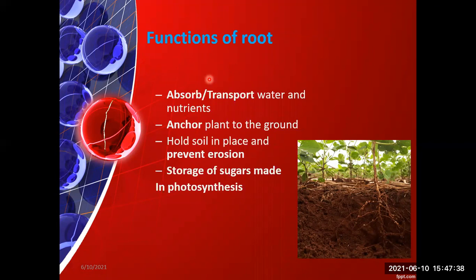First of all, we shall discuss a few functions, or outlines, of the root, stem, and leaves. Then we will move towards a detailed discussion of these structures. Roots absorb and transport water and nutrients from the soil, and transport them through the stem to the leaves.